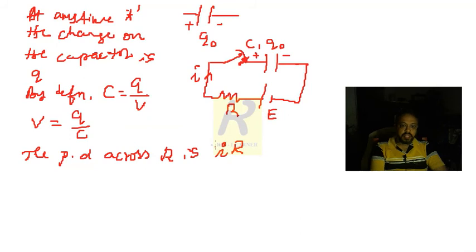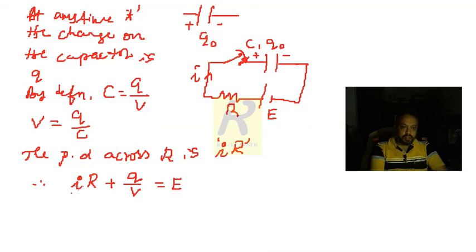At any time t, it is I into R. Therefore, I into R plus Q divided by C. I am summing these two. I into R is the potential difference across the resistor. Q by C is the potential difference across the capacitor. If I add these two terms, definitely I should get E, the EMF of the battery.